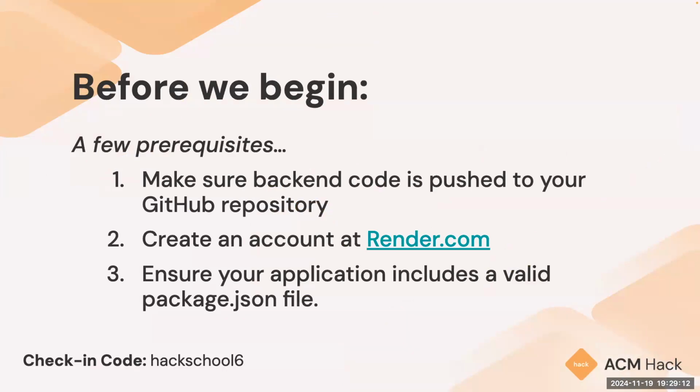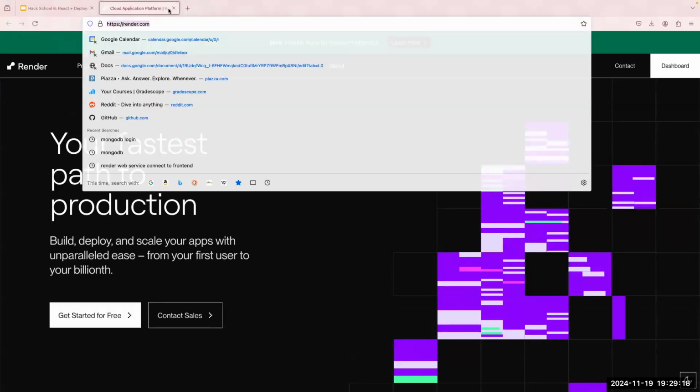Okay, so I'm gonna move on to deploying the backend with Render. And first, you want to make sure that you have your Render account set up. I already have mine set up, but I just have to log in.